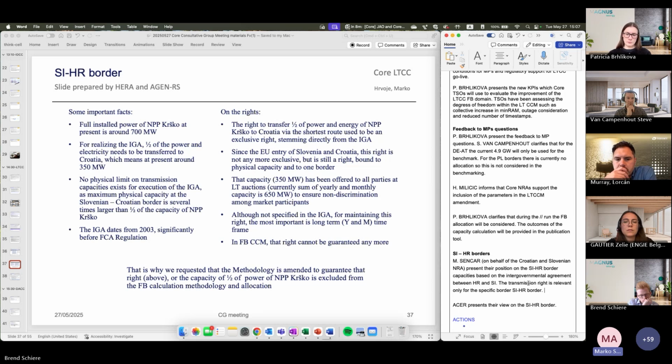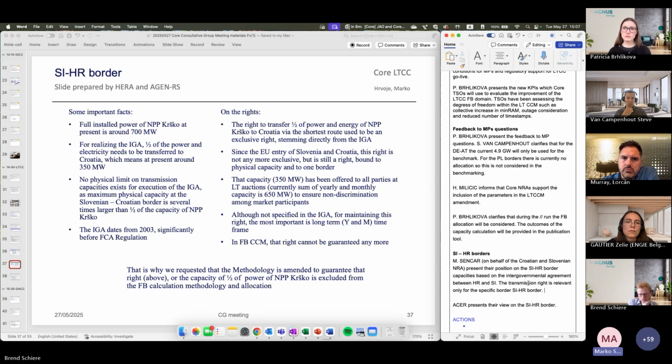Although not specified in the intergovernmental agreement, for maintaining this right, the most important is long-term time frame, which means yearly and monthly. That's why we did not raise that question at daily, day-ahead and intraday capacity calculation methodologies.